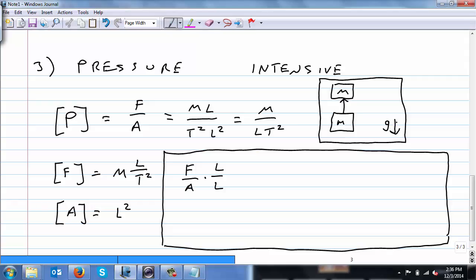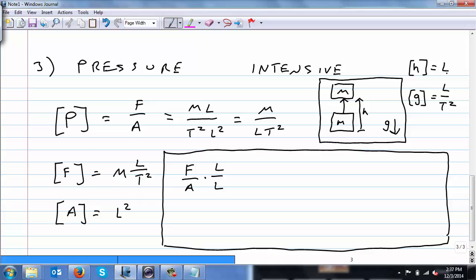Gravity itself has the dimensions of acceleration, so that's just length over time squared. What I've done is lift this mass some height h. It's gone from here up to here, and that's the height h. What are the units of h?